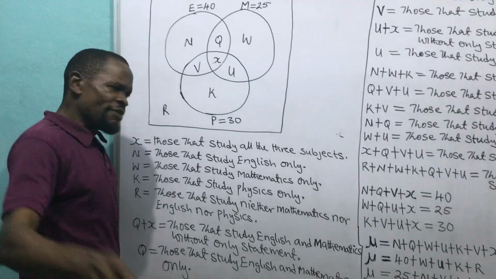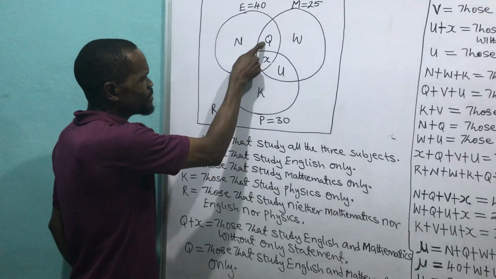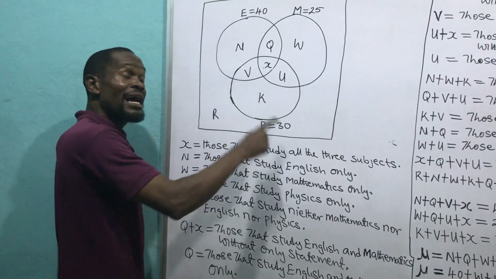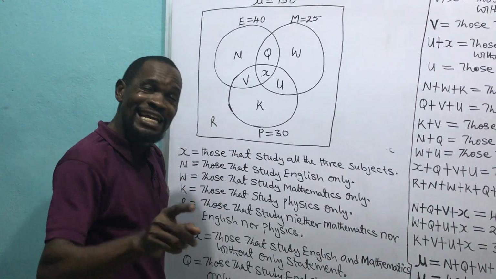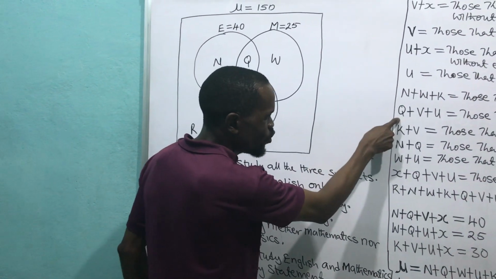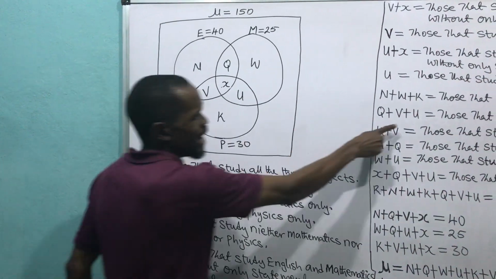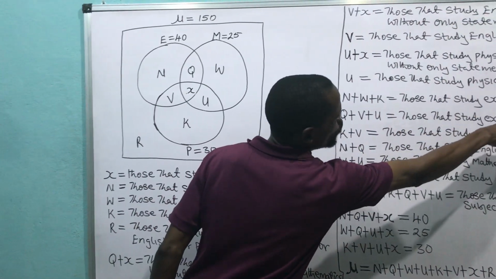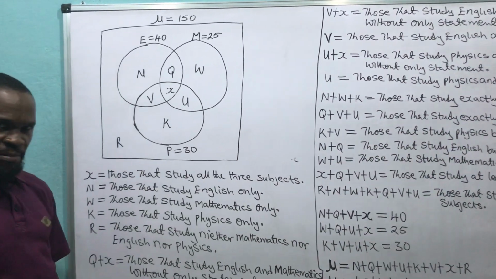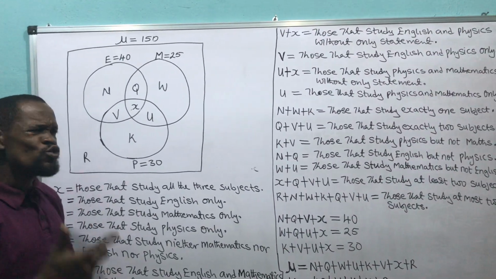Then, if I want those that study exactly two subjects, this man plus this man plus this man are those that study exactly two subjects. You look at here, when I put Q plus V plus U, Q plus V plus U are those that study exactly two subjects. You get me right? The question said, calculate those that study exactly two subjects.